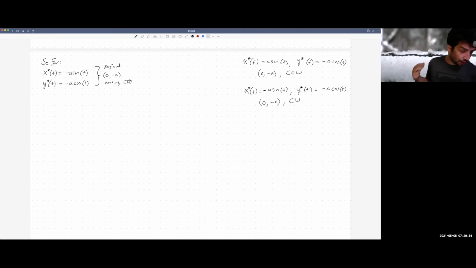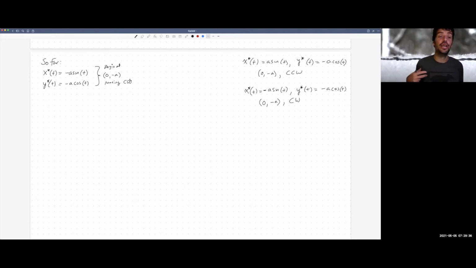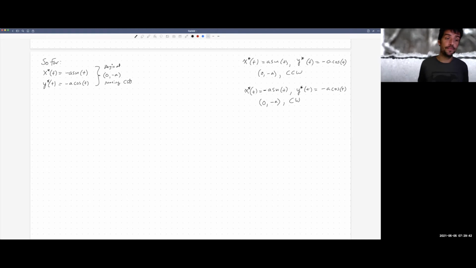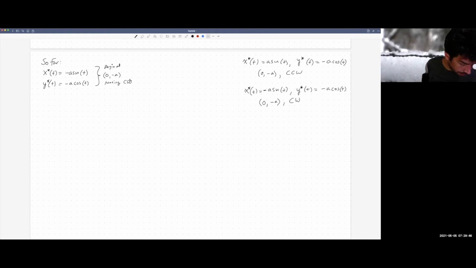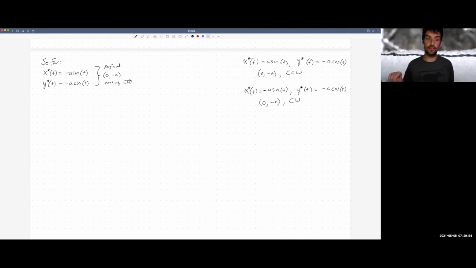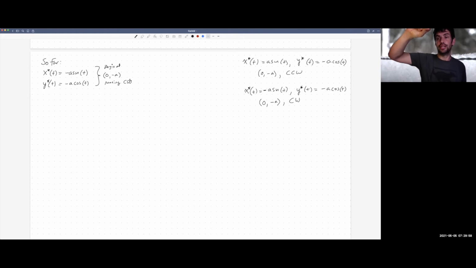Okay, so now we want to add in the other motion, the fact that it's on a wheel moving to the right. So there's a couple of things. What we're really doing, let's say it this way: these parametric equations describe a particle beginning at 0, negative a. Like we have this origin, and we're rotating around that origin.